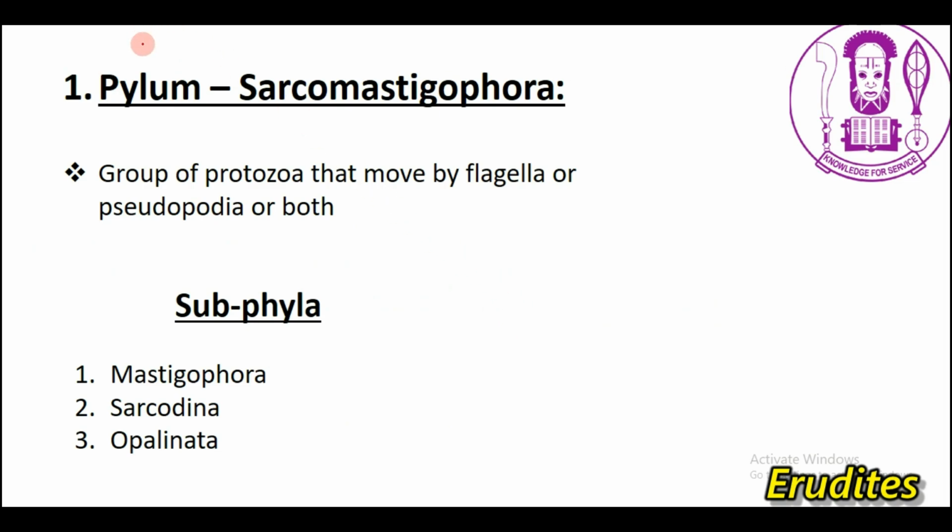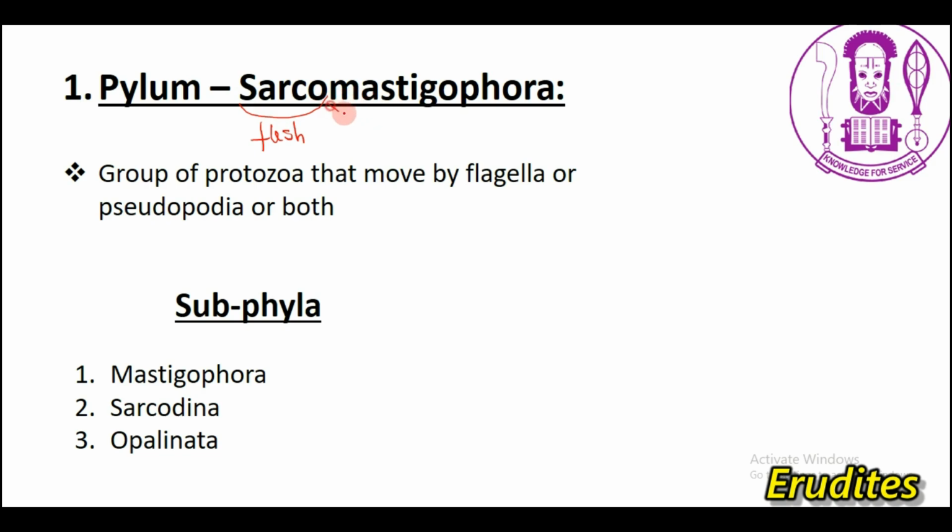Moving on, let's look at the first phylum, which is the phylum Sarcomastigophora. What does the word Sarcomastigophora mean? The word sarco is derived from the Greek word and it means flesh.